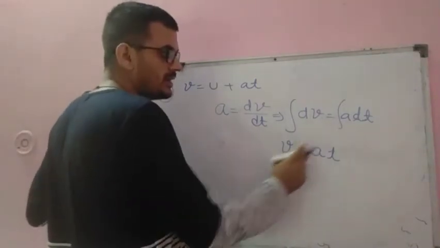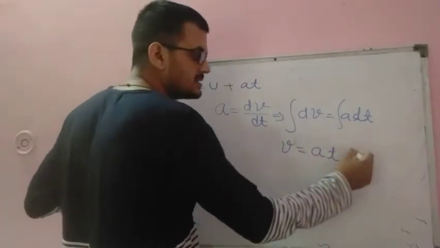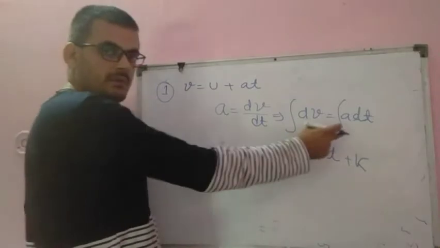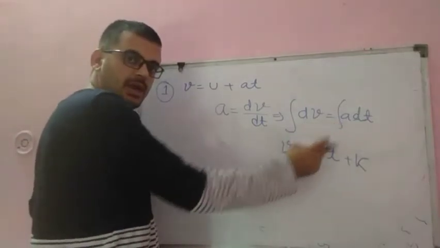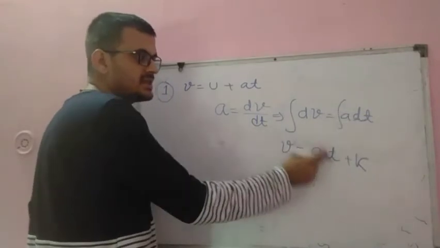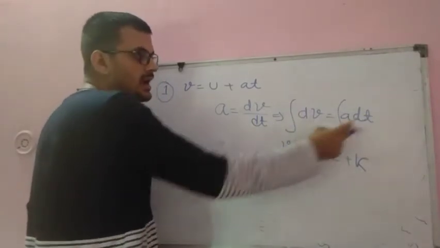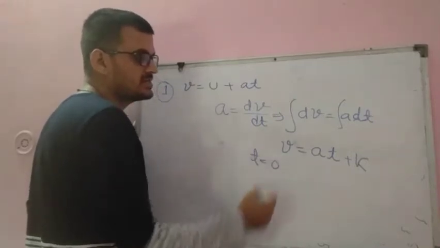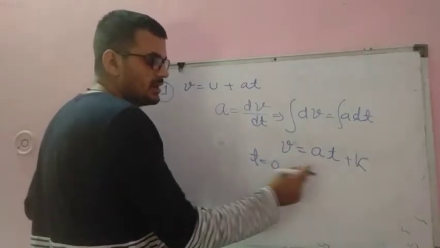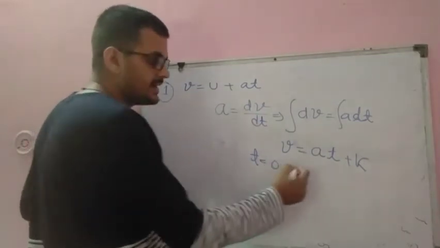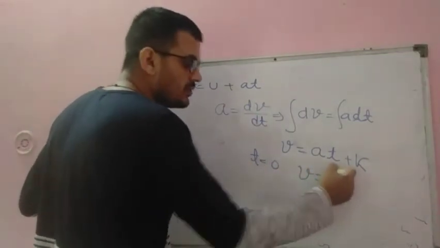So v equal to at plus k, because whenever we integrate, we add one constant. The integration of dt is t, the integration of dv is v, and we have added one constant. At time t equal to 0, meaning initial, let the initial velocity v equal to u.